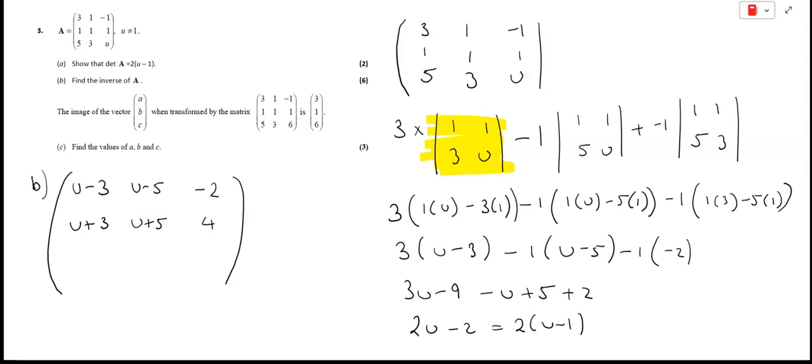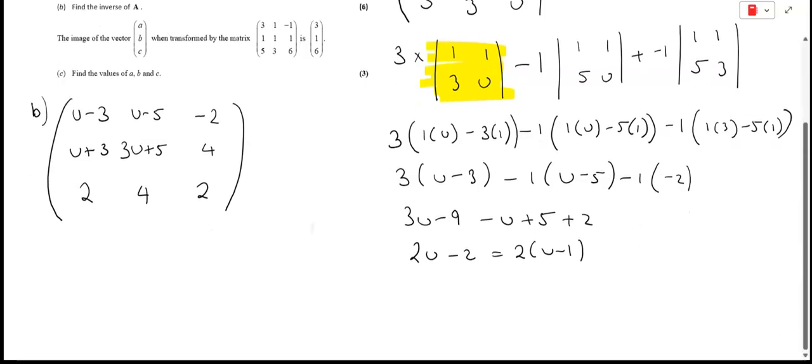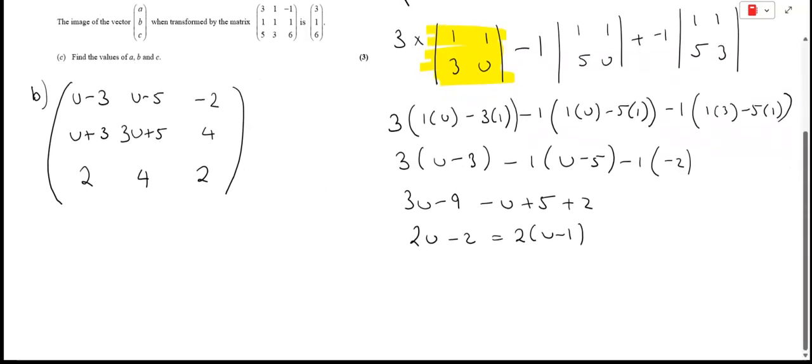And just keep doing that. So that gives you 2, then that gives you 4, and finally the last one gives you 2. So that's your matrix of minors. And just looking at my notes, it seems like I've made a mistake, and there should be a 3 here. Okay, and then that's your matrix of minors.